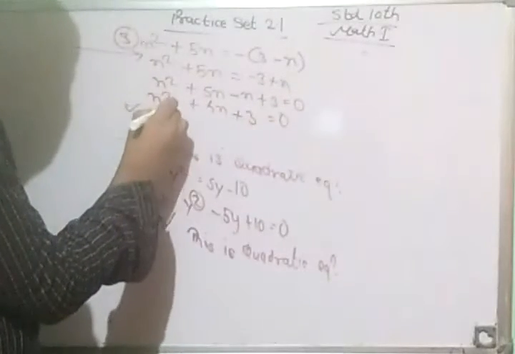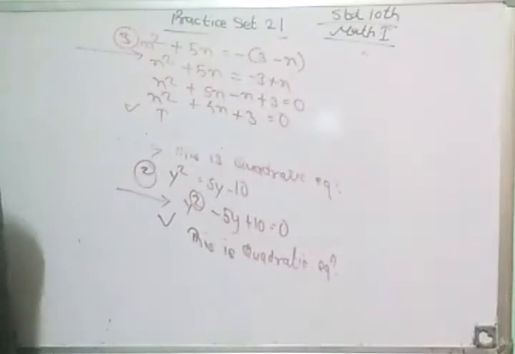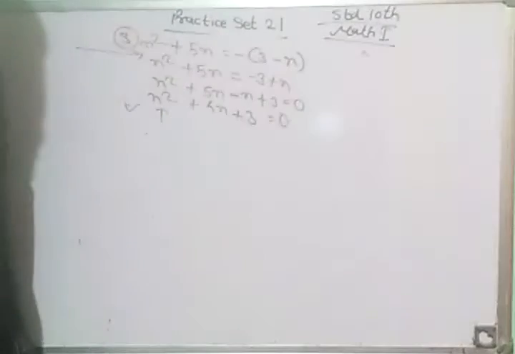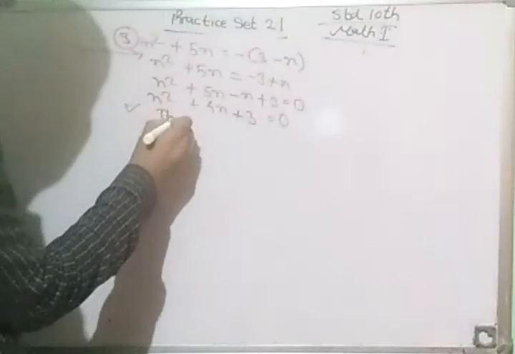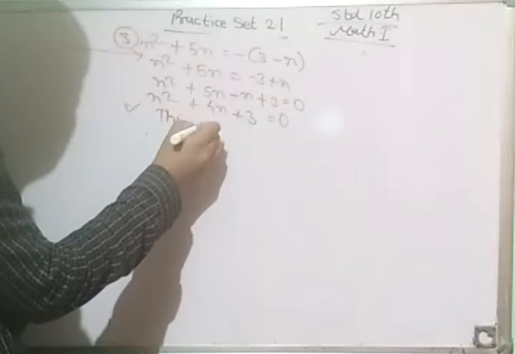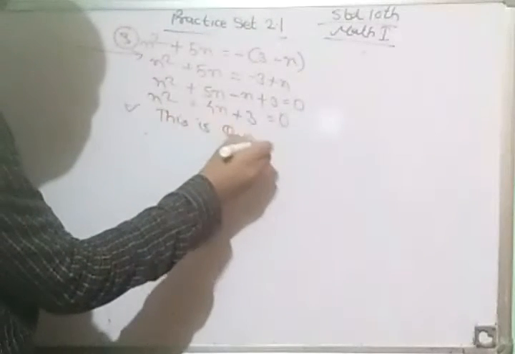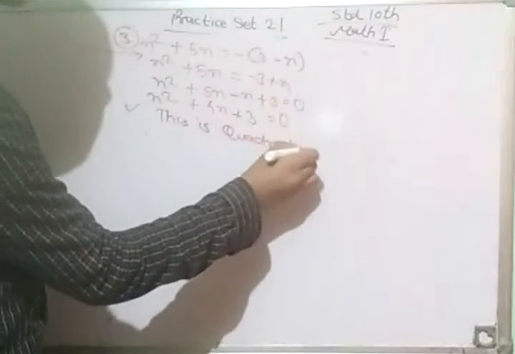This is also a quadratic equation because the highest degree is 2 and two variables are included.